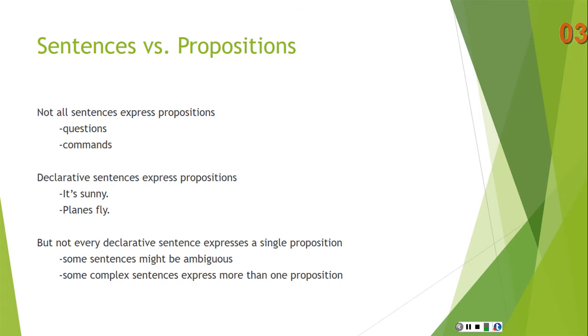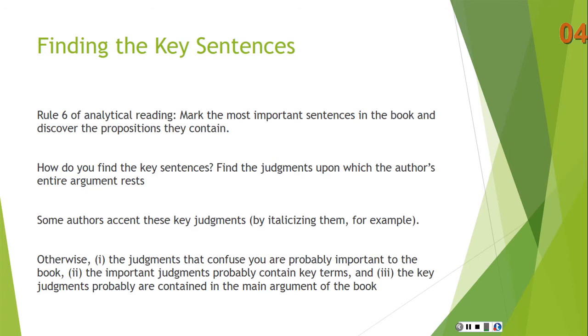So there is a difference between sentences and propositions. Some sentences are not declarative and so don't express propositions, and even among declarative sentences they might express more than one proposition. So rule number 6 of analytical reading: you should mark the most important sentences in the book and discover the propositions they contain.